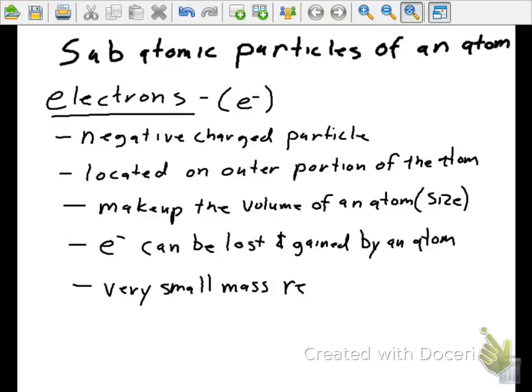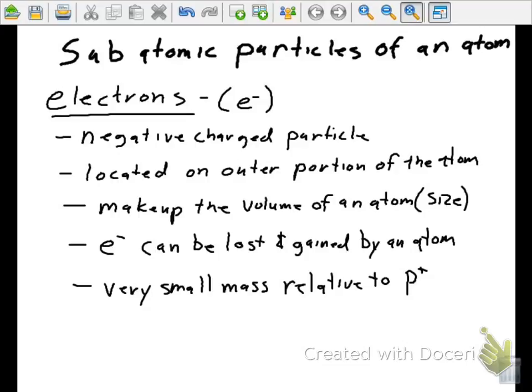They are smaller in size too, but the main thing is their weight. So, very small mass relative to P positive, which we'll find out is protons. It takes about 2,000 electrons to equal the weight of a proton.